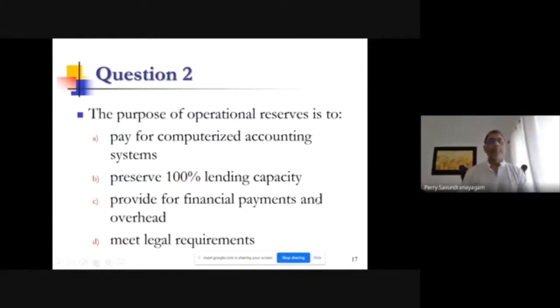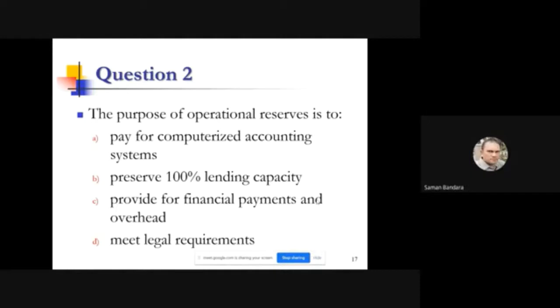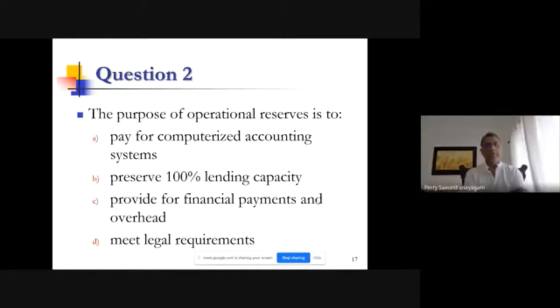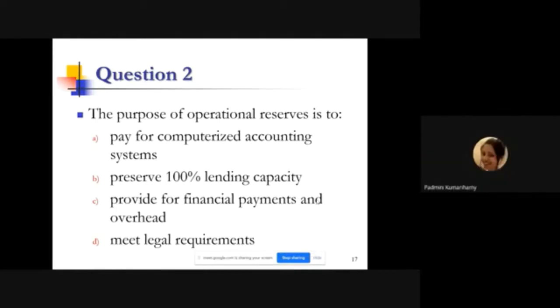Number 2, the purpose of operational reserves is to what? Pay for the computerized account system, preserve 100% of lending capacity, provide financial payments always, meet legal requirements. C. 3. Any other? C.